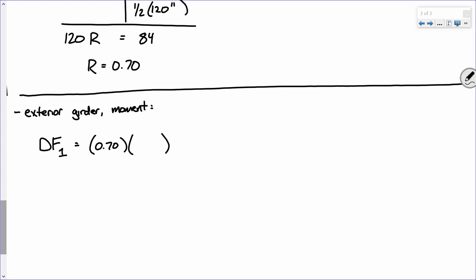So just so everybody's clear, I'm taking the lever rule and multiplying it by whatever goes in here, which is my multi-presence factor. I'll give you all a second to write this down and catch up.